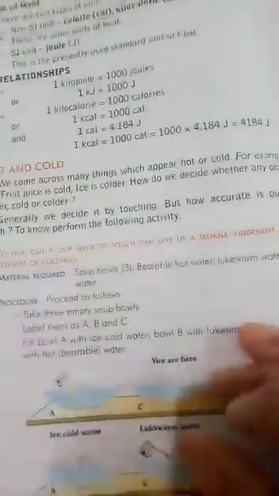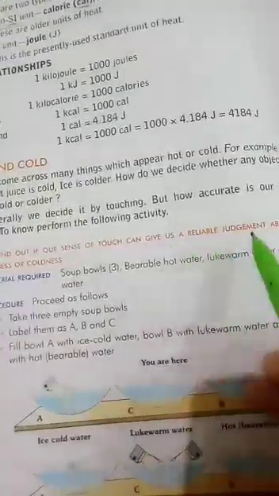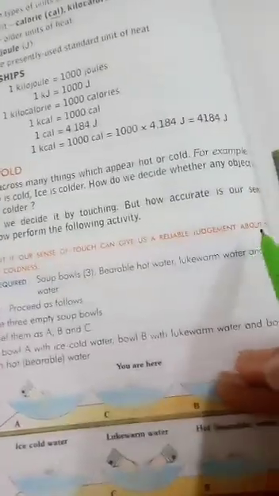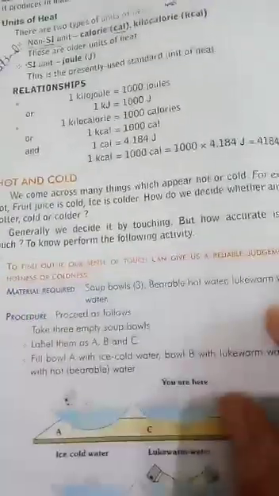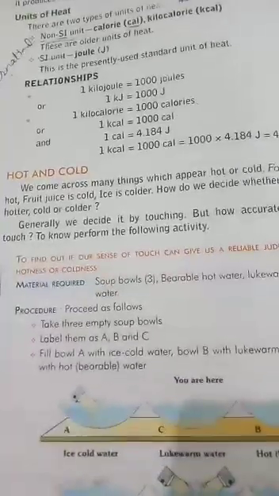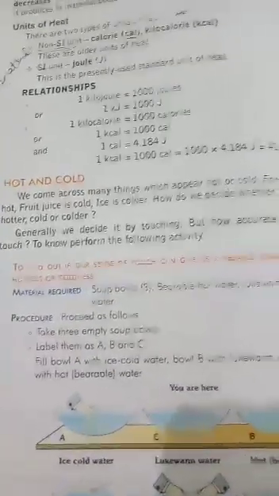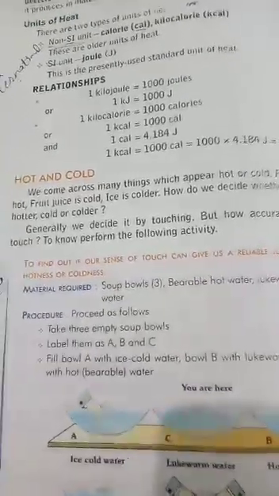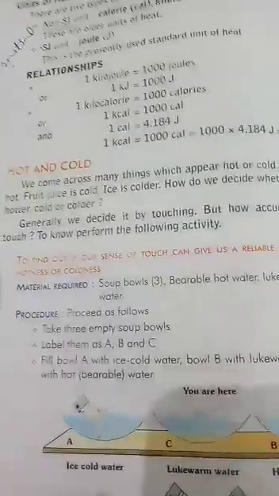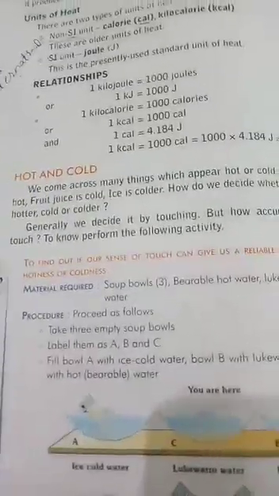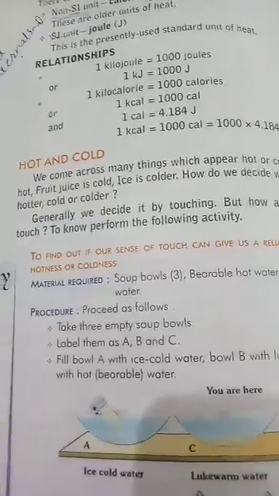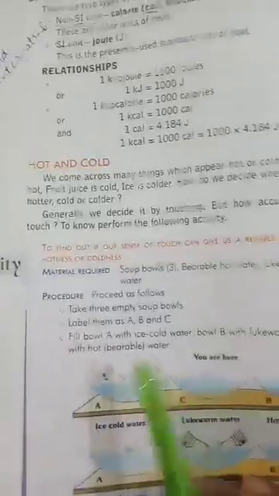See this activity, to find out if our sense of touch can give us a reliable judgment about hotness or coldness. Our sense of touch is not always accurate in telling us whether the object is hot or cold.